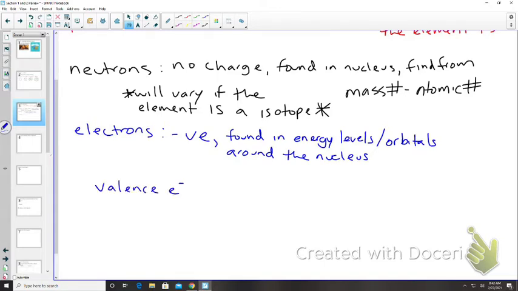Valence electrons are involved in chemical reactions. And what do elements and ions always want to have? A full octet. Good.